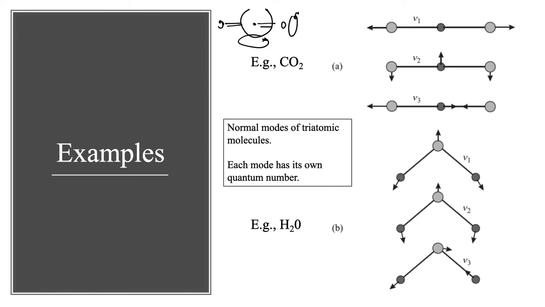But the vibrational modes are more complicated. You can have different kinds of vibrations associated with different vibrational modes. One mode has the oxygen atoms vibrating in this direction. One has the oxygen atoms vibrating in this direction while carbon vibrates in this direction, or more complicated things.